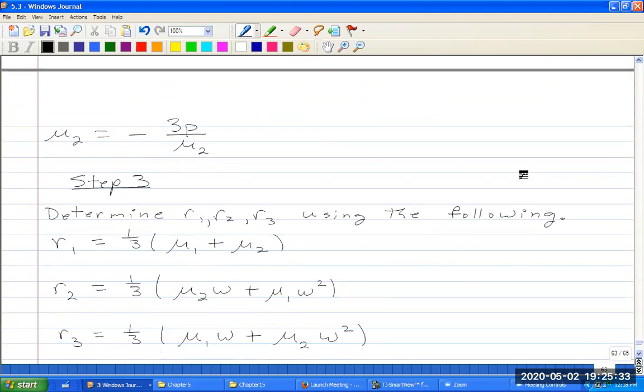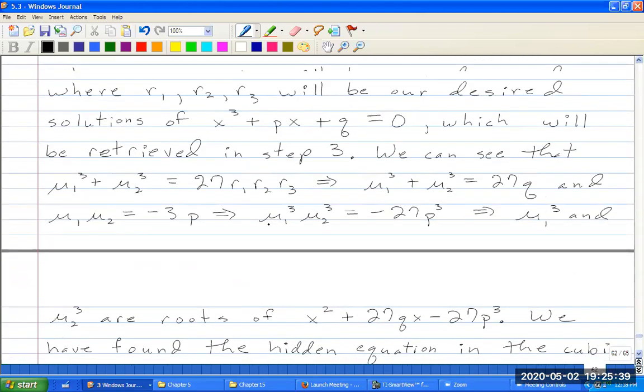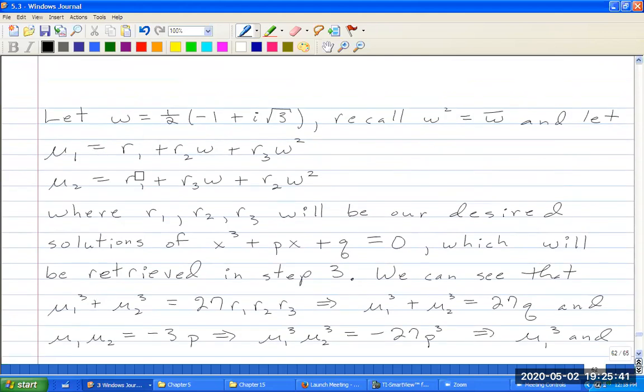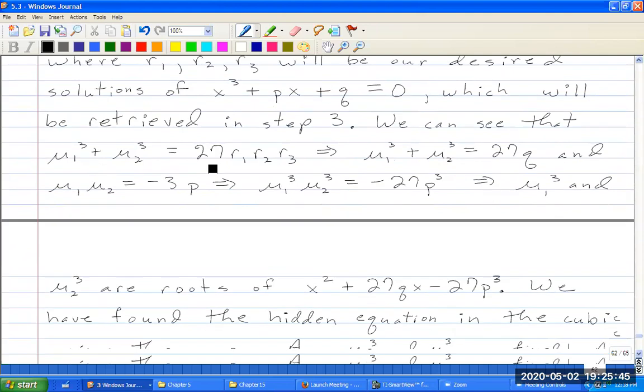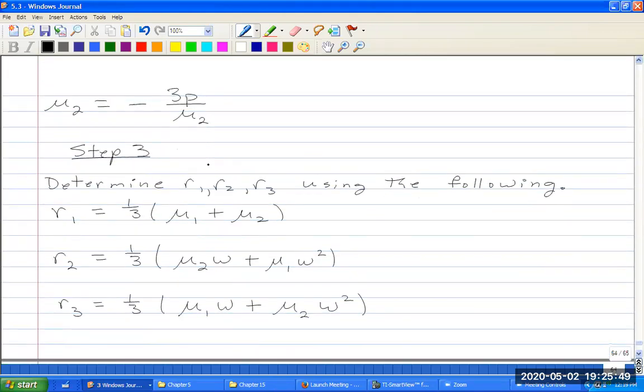To determine R1, R2, and R3, it's easy actually to show that if I have these two equations, I can then figure out what R1, R2, and R3 are as follows.